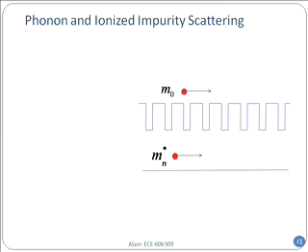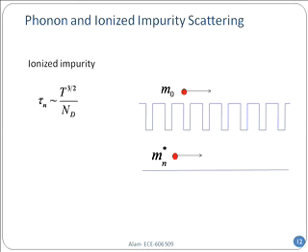So there are two types of scattering that are of great interest, that slow down the electron, right? One is called phonon scattering, and the second is ionized impurity scattering. Now, ionized impurity I just explained, right? When you have these charges and they try to deflect the electrons, slowing them down in the process, ionized impurity scattering.